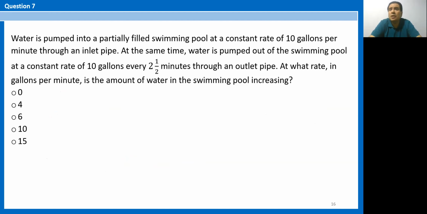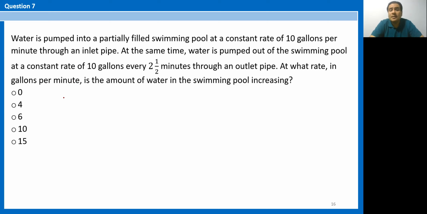You can just use the concept of simultaneous work. It says, for example, water is pumped into a partially filled swimming pool at a constant rate of 10 gallons per minute through an inlet pipe. At the same time, water is pumped out of the swimming pool at a constant rate of 10 gallons every 2.5 minutes through an outlet pipe. At what rate in gallons per minute is the amount of water in the swimming pool increasing?